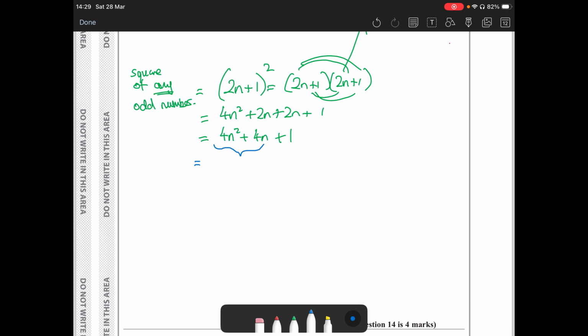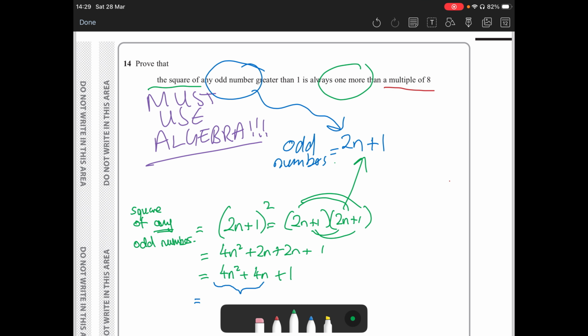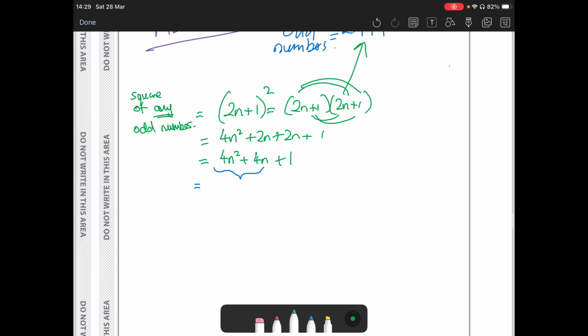We are going to factorize just the first pair. Remember, we want one more, so let's leave that plus 1 at the end alone. We want our proof to say one more. But I'm going to factorize this, right? Now, common factors are 4. They also have an n common to both. So if I factorize the bracket, I'll get 4n bracket n plus 1.